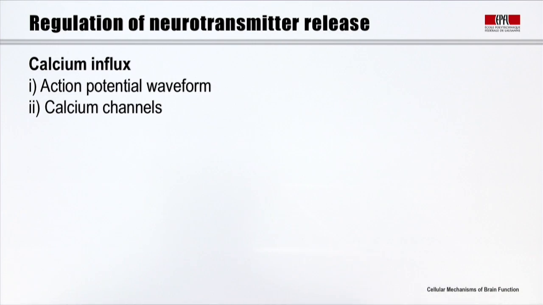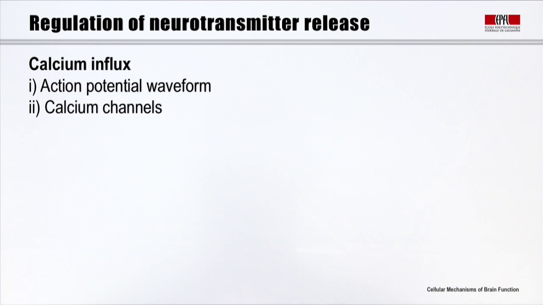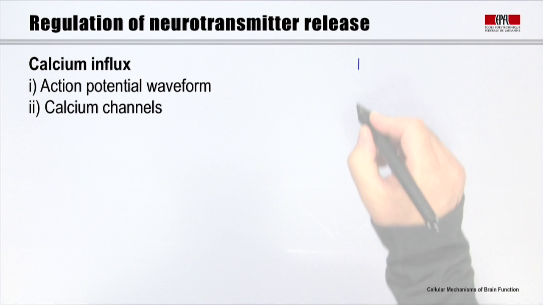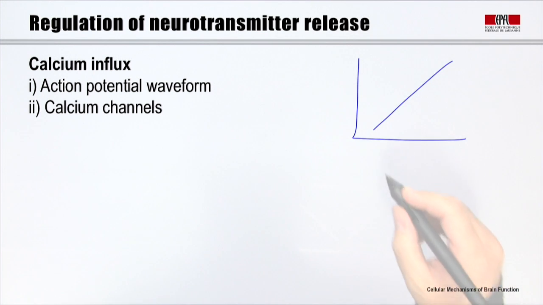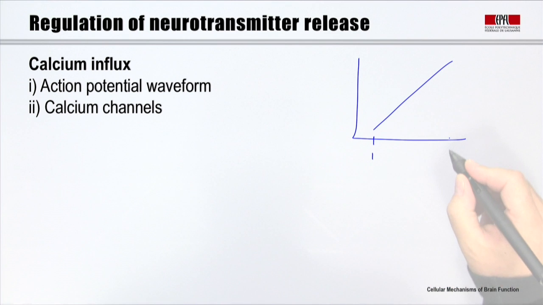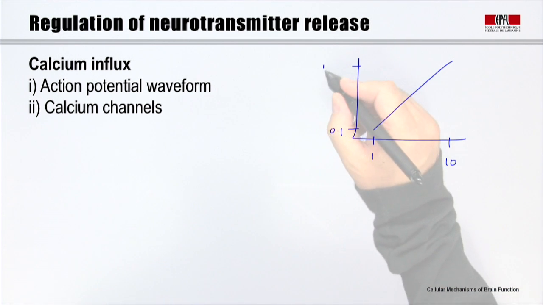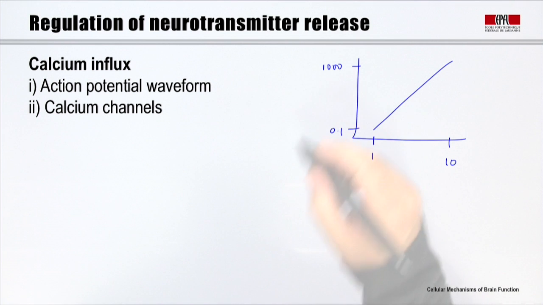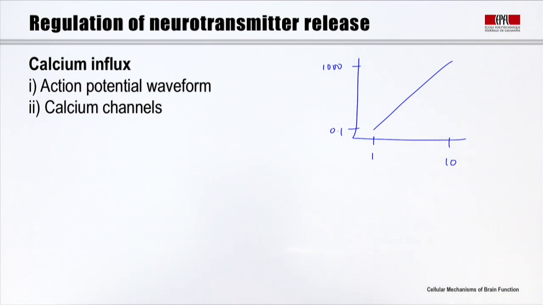The first and perhaps most obvious way in which we can control neurotransmitter release is by controlling the amount of calcium that enters into the nerve terminal. You'll remember that we have an extremely steep dependence on calcium, where if calcium goes from 1 to 10 micromolar, then we go from release rates of 0.1 to 1,000. So a factor of 10,000 increase in release.